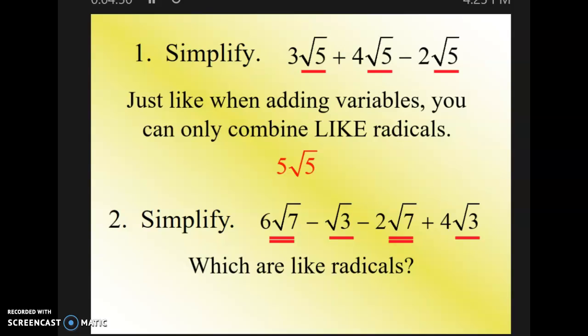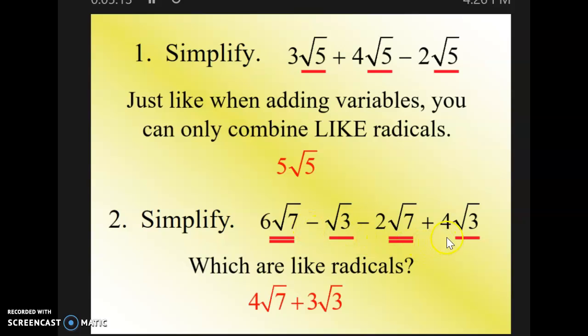So we combine the ones with the 7s: 6 minus 2, and we would get 4 square root 7. And then we have a negative 1 square root 3 and a 4 square root 3. There's a negative 1 right here.